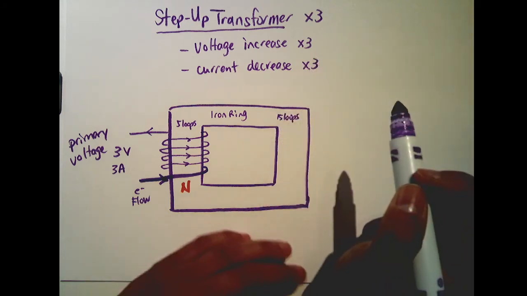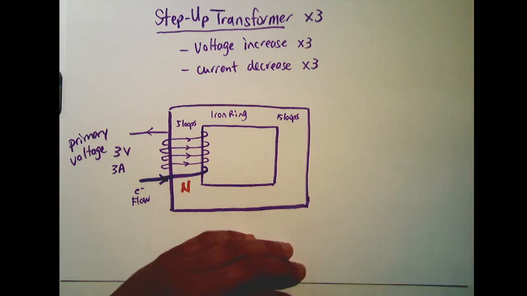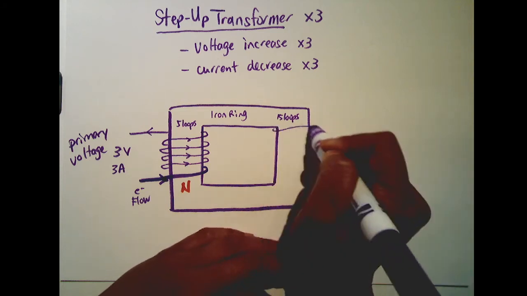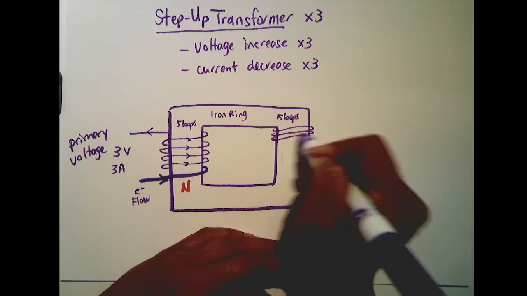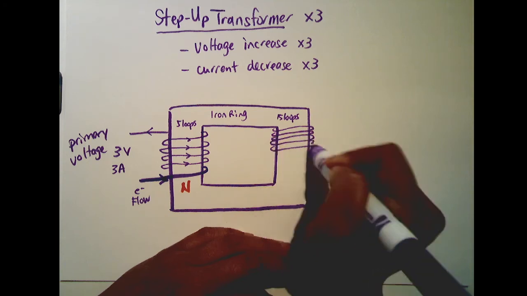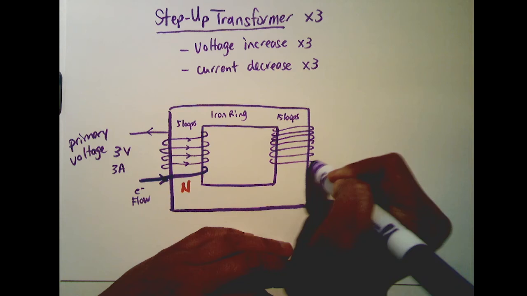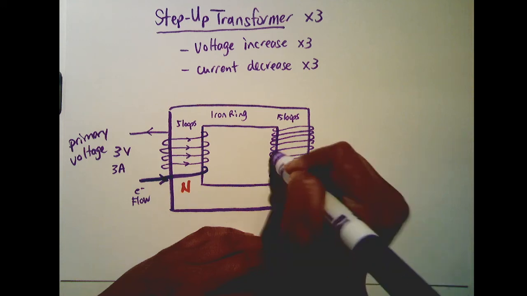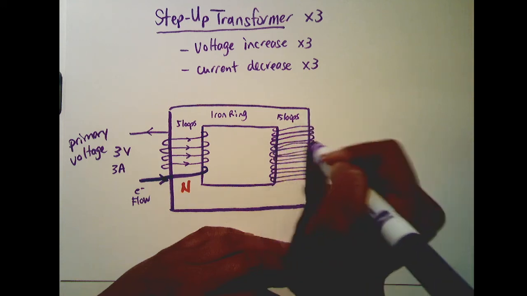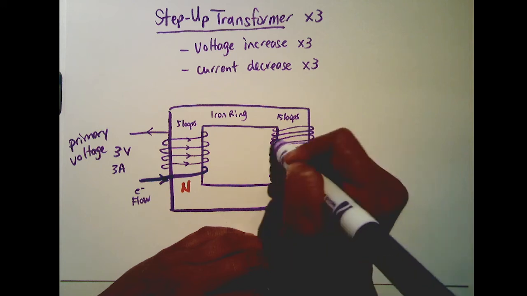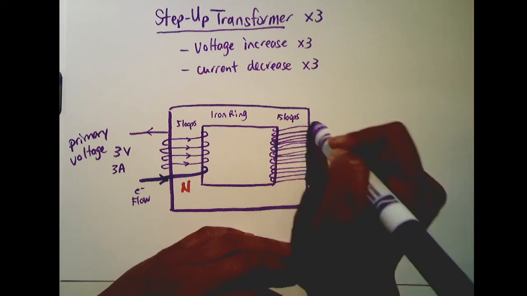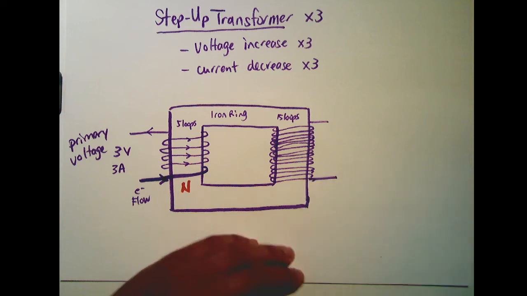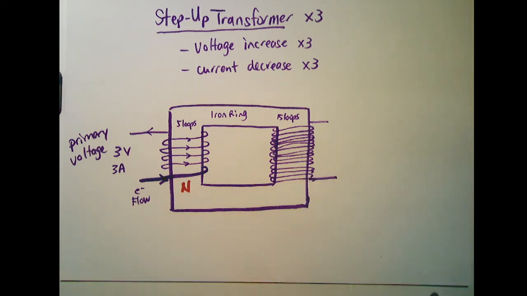So let's draw that out. 1, 2, 3, 4, 5, 6, 7, 8, 9, 10, 11, 12, 13, 14. I'll stick one in here, 15-ish. Okay. There you go, 15 loops. And that's essentially how we do it.